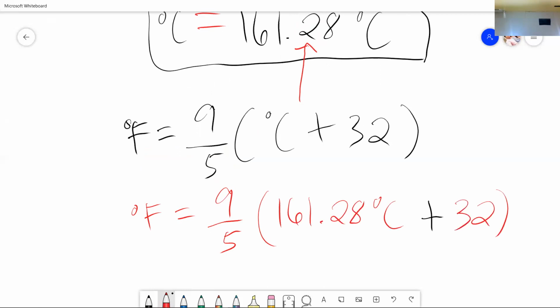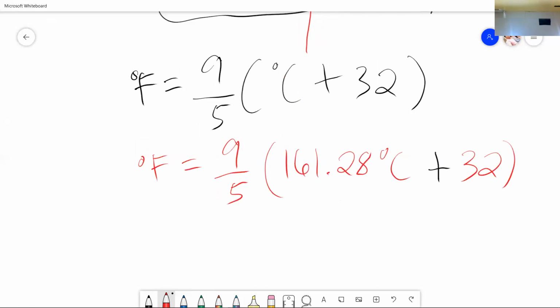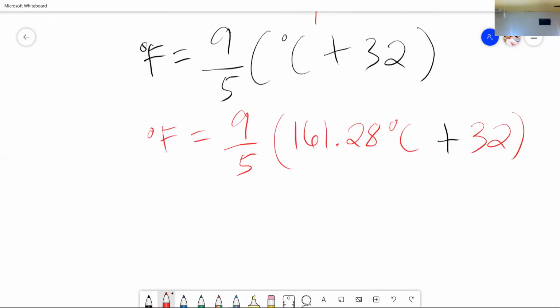Okay, plus 32. So let's proceed. 9 divide 5, so that is 1.8.